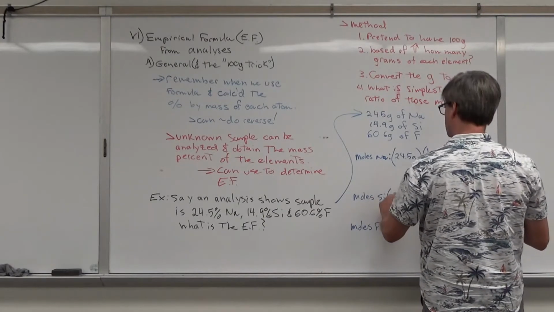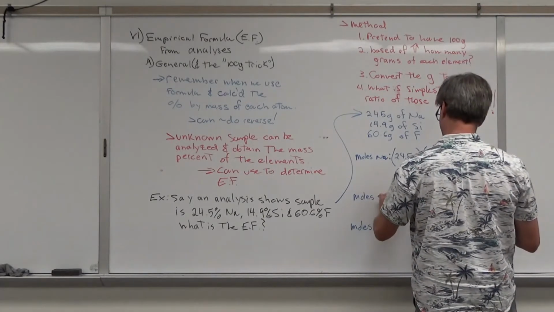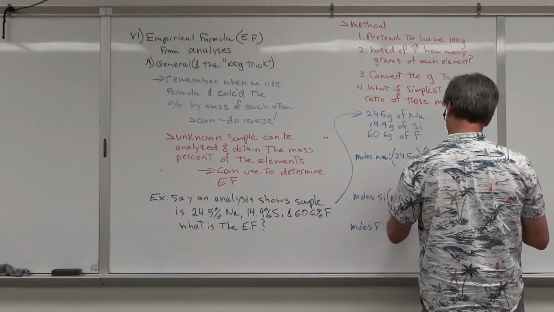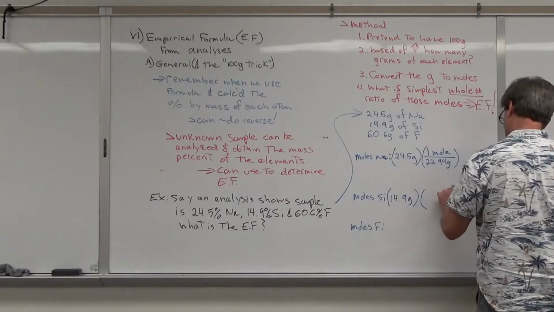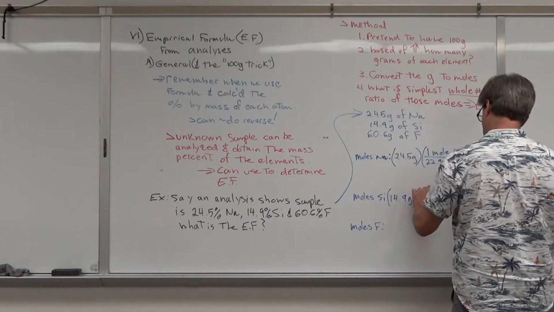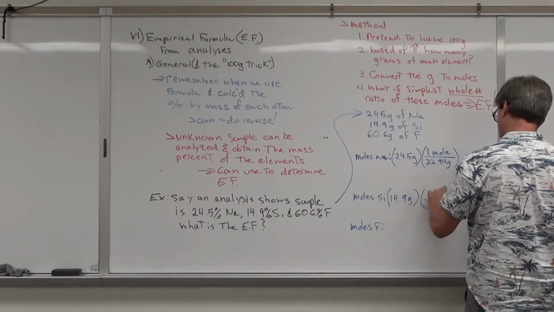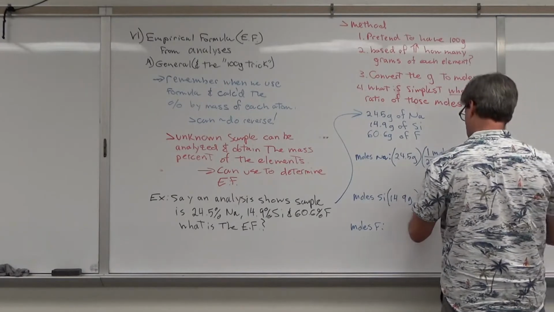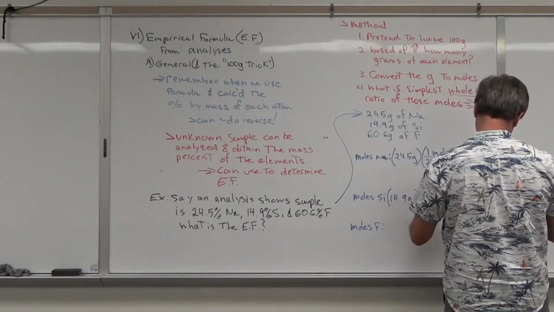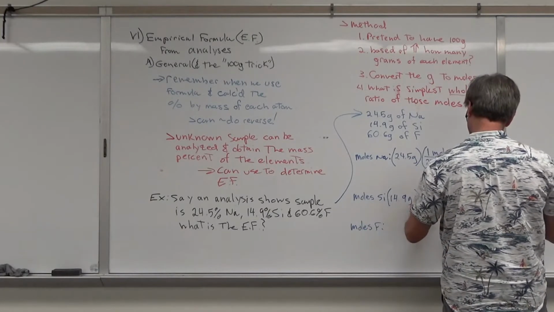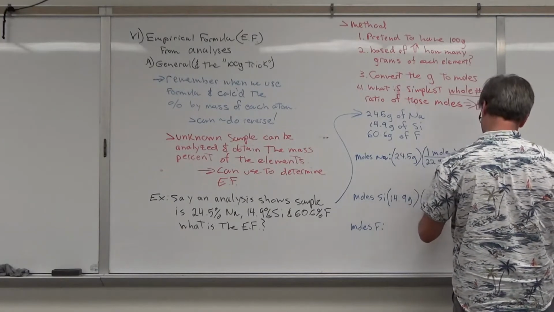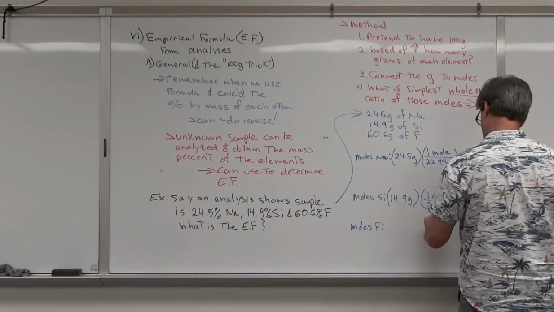Set this guy up. That's going to be 14.9 grams of silicon. Read it off the periodic chart. 1 mole of silicon is, it's right here, 28.09 grams.